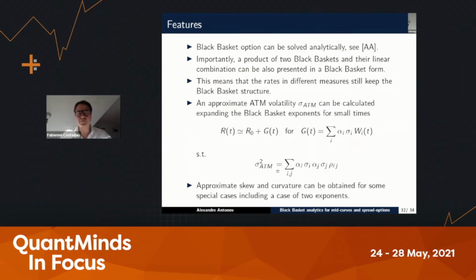So of course the at-the-money volatility here is simply the square root of the sum weighted with the weights alpha i and alpha j and the correlation. So very easy. Approximate skew and curvature can be obtained for some special cases, including a case of two exponents.